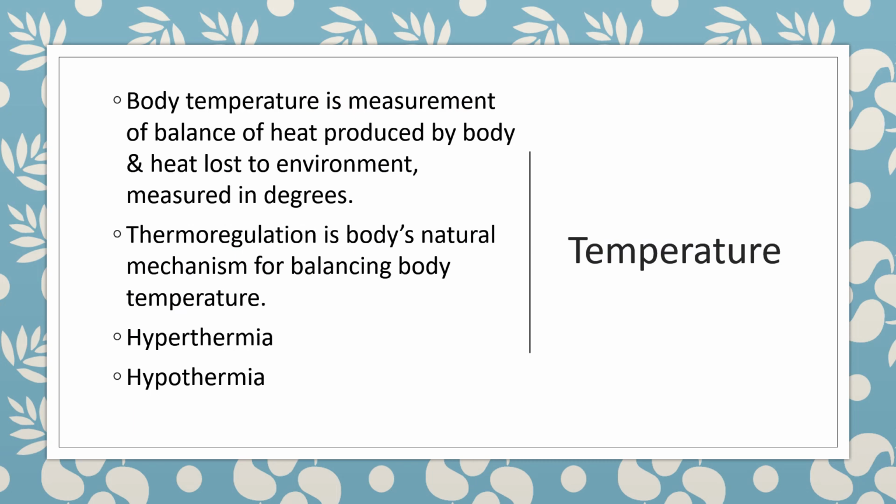The core temperature of an individual's body is the temperature of deep body tissues. There is a very narrow expected range. It would be 36 to 38 degrees Celsius, 96.8 to 100.4 degrees Fahrenheit. This will fluctuate throughout an individual's day.